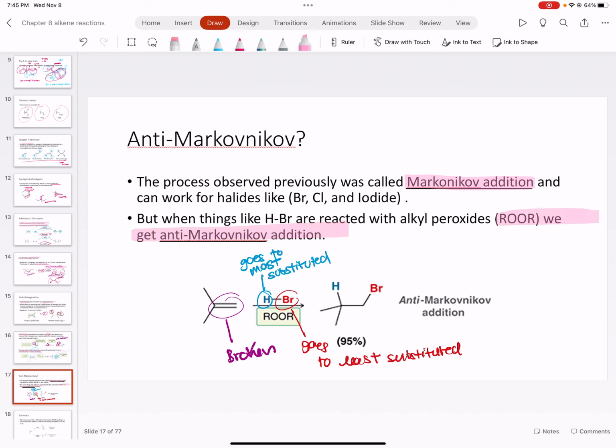That's what I mean by doing little notes. I would tell you to note that when we have HBr with peroxides, ROOR, it leads to an anti-Markovnikov reaction, meaning that our halide is going to go on the least substituted carbon, while our hydrogen goes to the more substituted.